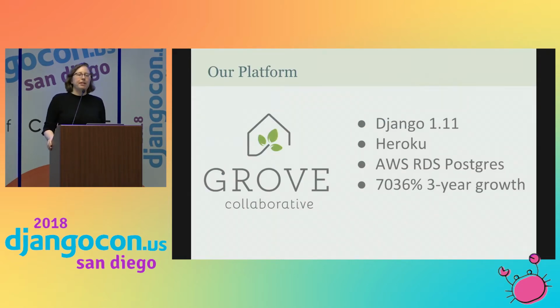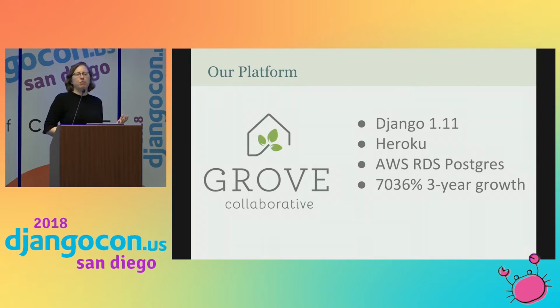Grove Collaborative is a San Francisco-based startup. We are a Django shop. Right now we're running a monolithic setup with the 1.11 line. We host with Heroku. I'd say we're mid to end of life on Heroku because we are expanding quite rapidly. We also have a fairly beefy setup on Amazon's RDS Postgres.